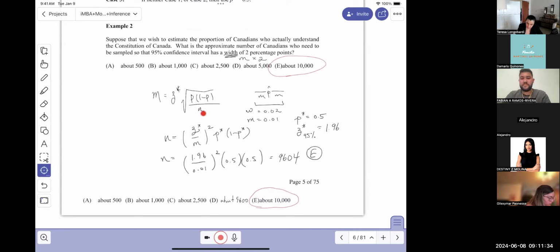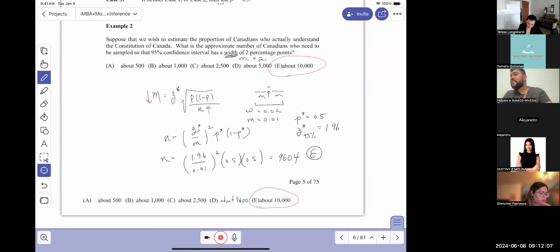The larger the N, what happens to the margin? What is the effect as N goes large? If this goes higher and you're dividing by a number that's larger and larger, then this one goes down, right?